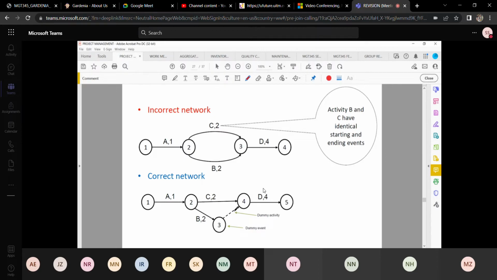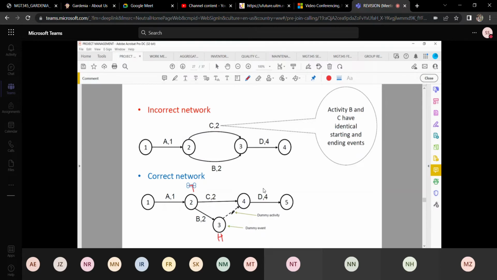Dummy activities here represent activity B. Why? Because this one is, you jumpa ekor dulu, tail, this one is head. This one, B start with the project and then this one, B finish the project activities. So, number 2, activity B start, and then number 3, activity finish.